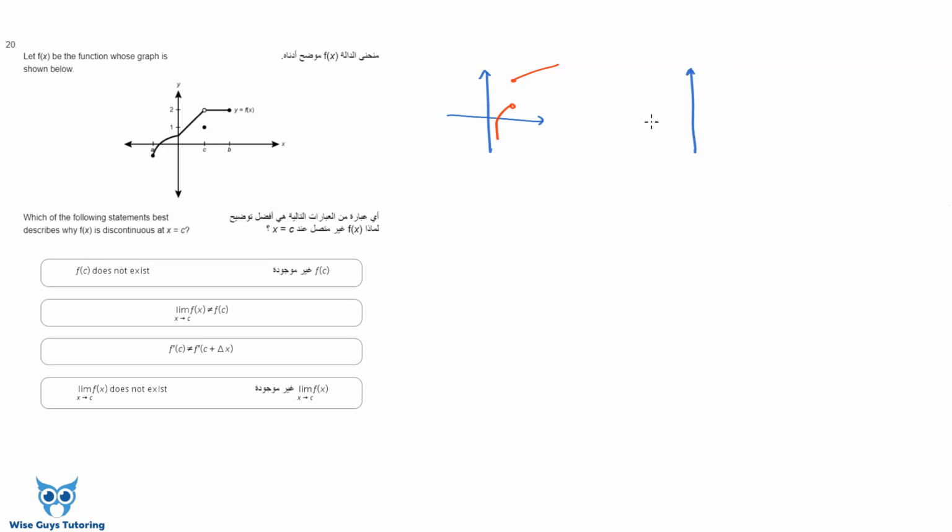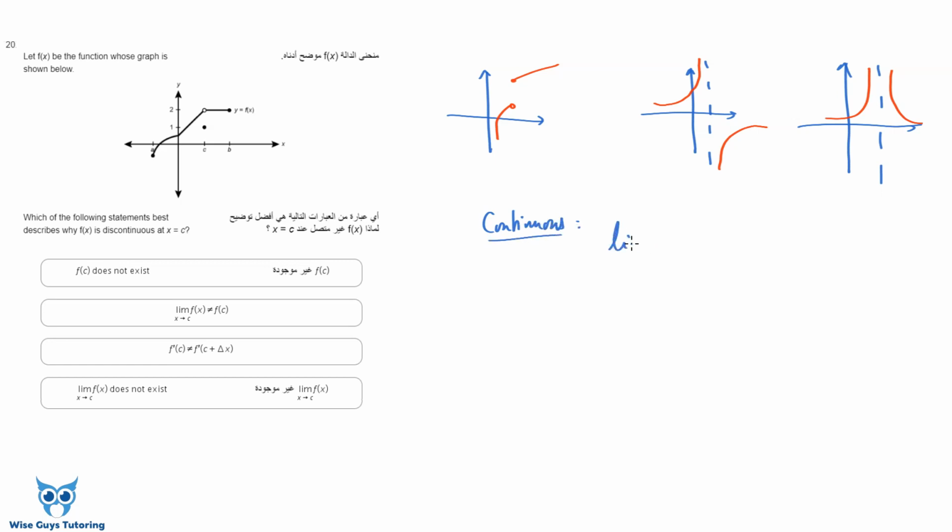You can also have graphs which have vertical tangents, so things like this, these are discontinuous also because they are disconnected, they're disjointed. It can also be a vertical tangent where they both go in the same direction. It doesn't matter, but this is still discontinuous. This one here is a hole. It's a hole discontinuity.